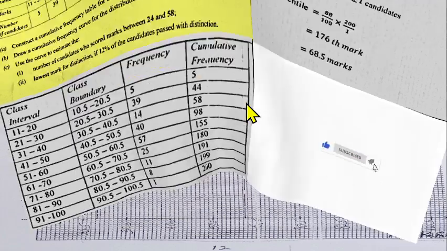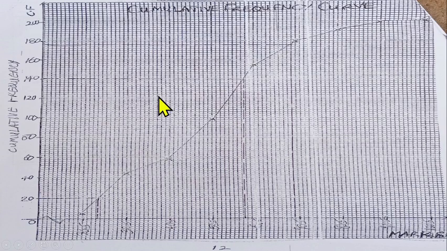If you draw that correctly, you will have something like this on the screen right now, with our cumulative frequency on the y-axis and our upper class boundaries on the x-axis here, and the graph properly scaled. We can see that we are having 20 units for 2 centimeters on the y-axis, and 10 centimeters to represent 20 units on the x-axis as well.